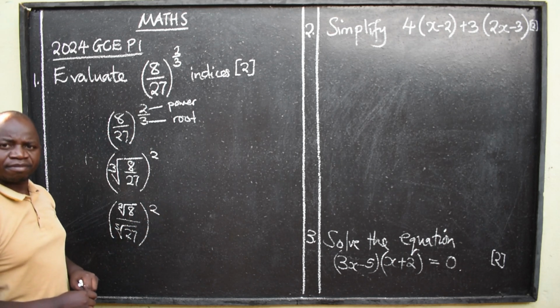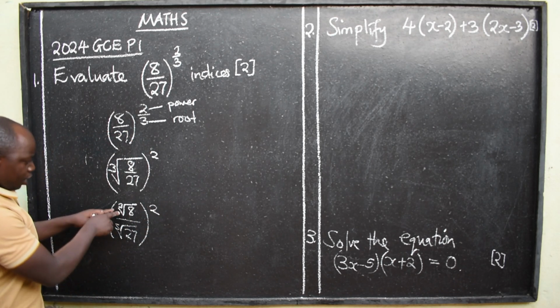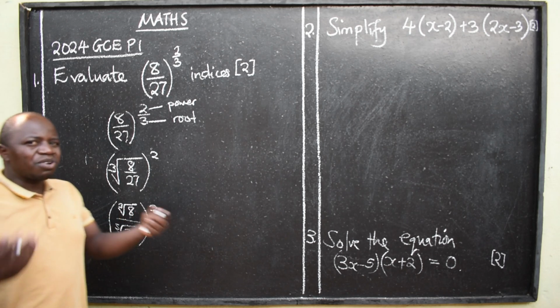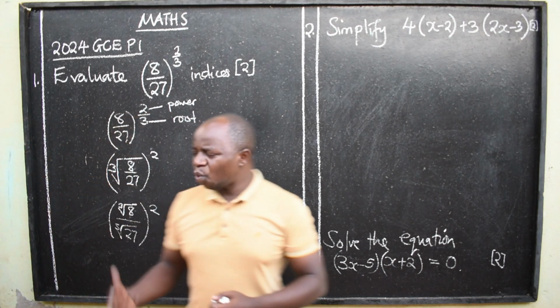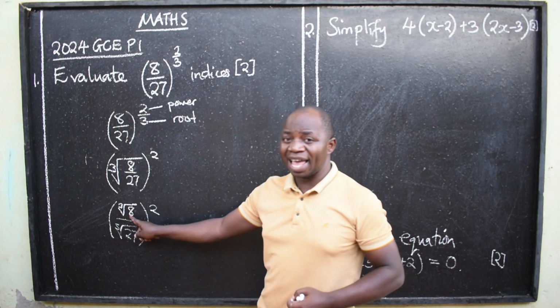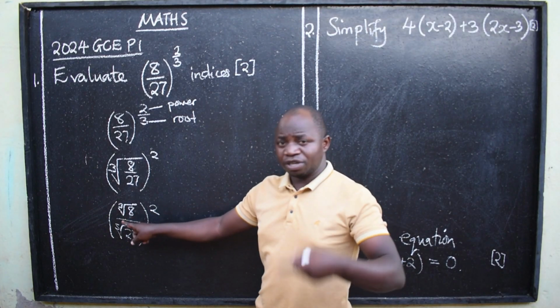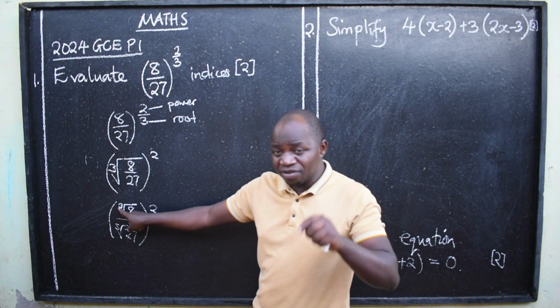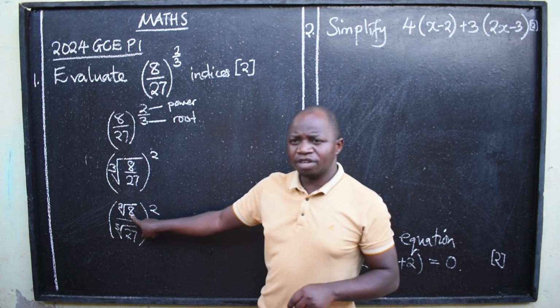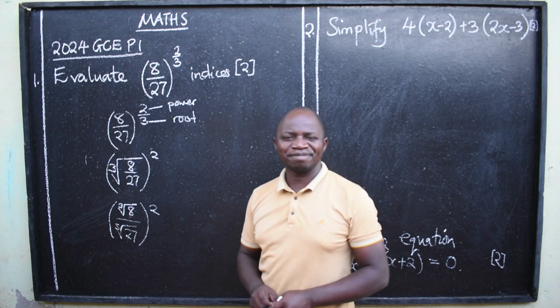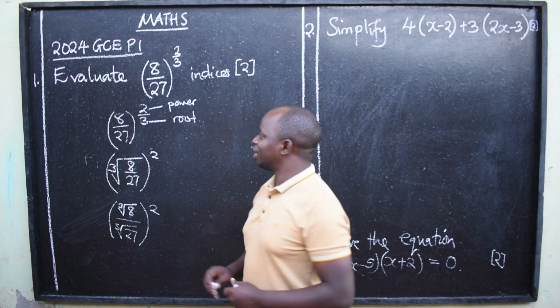What next? Cube root of 8. Ask yourself this question: what number can I multiply itself 3 times? That is cube root. What number can I multiply itself 3 times and it should give me 8? What number is that? 2. Good.